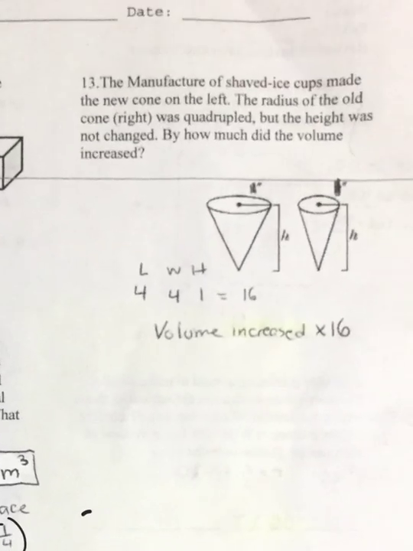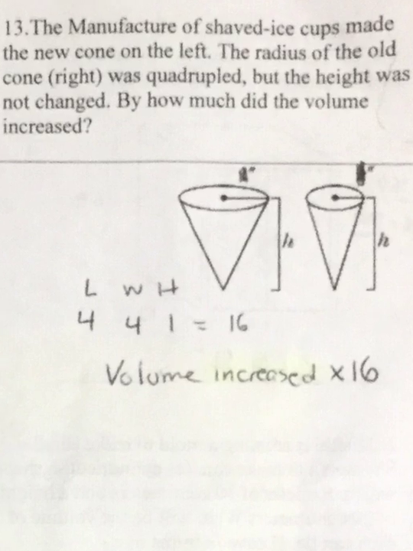And then the last one was another one that had a small mistake. There's kind of 2 ways to look at it, but the answer should be the same either way. The manufacturer of shaved ice cups made new cones on the left. The radius of the old cone was quadrupled, but the height was not changed. By how much did the volume increase? Now, you have here the fraction 1/2 and 1.